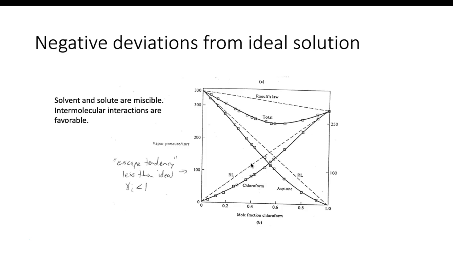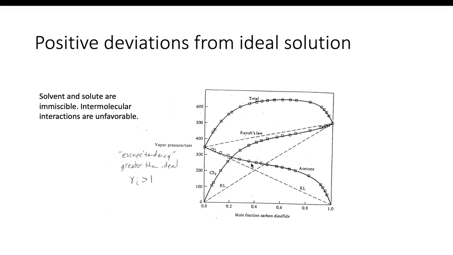Let's show an example with positive deviations from an ideal solution. Here we're comparing to Raoult's law for carbon disulfide and acetone, two components that are completely different. If we were to do a Henry's law plot for carbon disulfide, it would extrapolate way up off of the graph, and for the acetone it would also extrapolate way up off the graph.